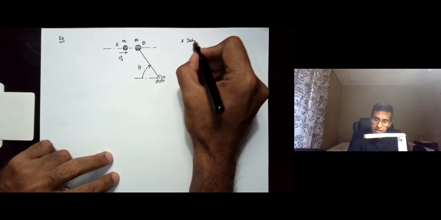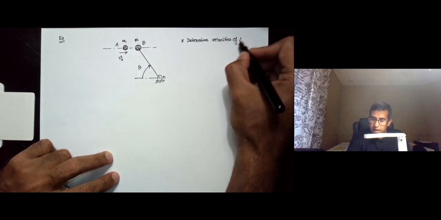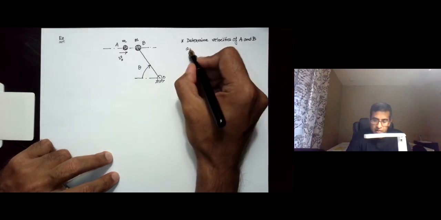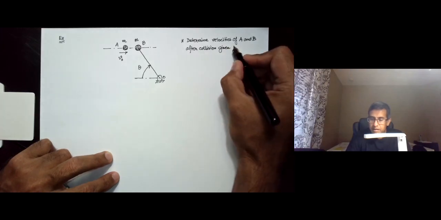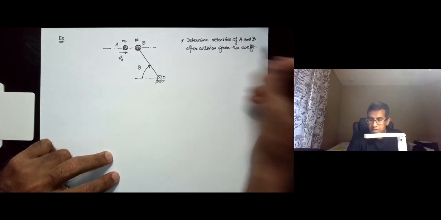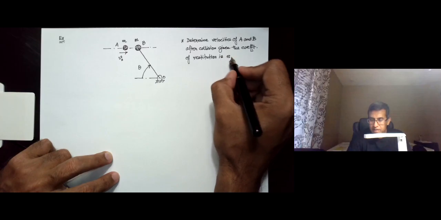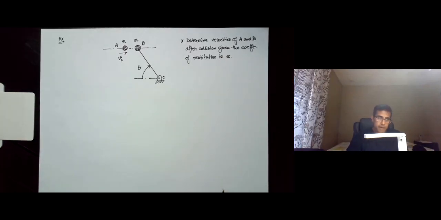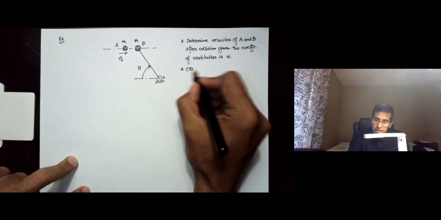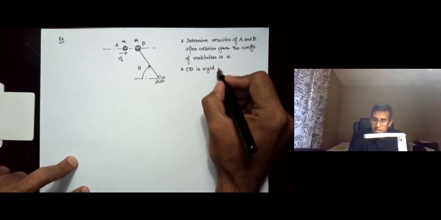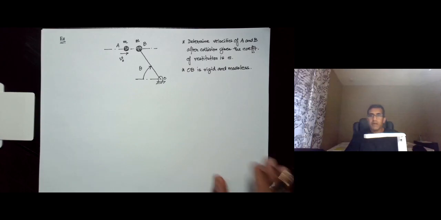So determine the velocities of A and B after collision, given the coefficient of restitution is E. Here one thing that we note is that OB is rigid and massless.